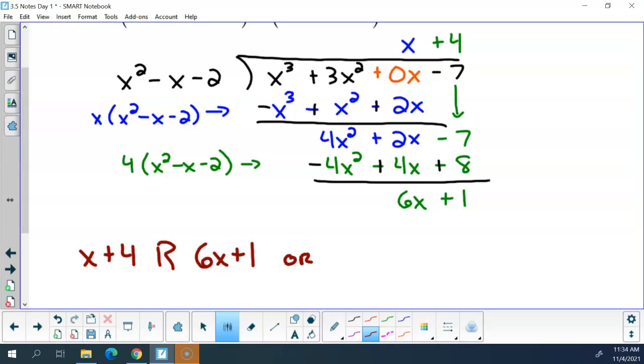Or x plus 4 plus 6x plus 1 over x squared minus x minus 2.